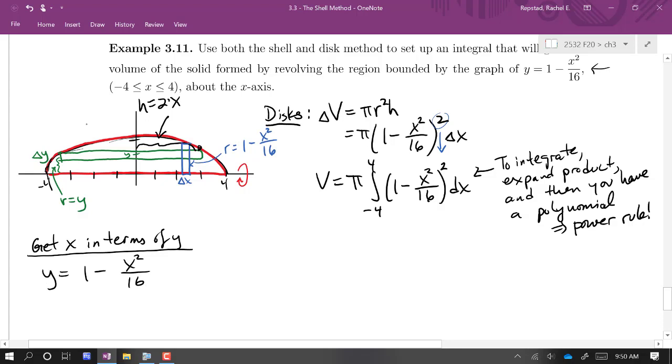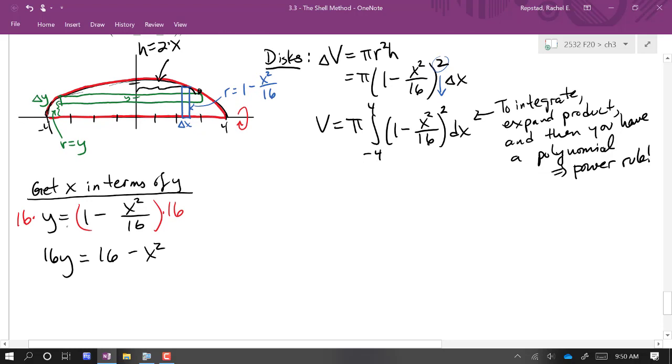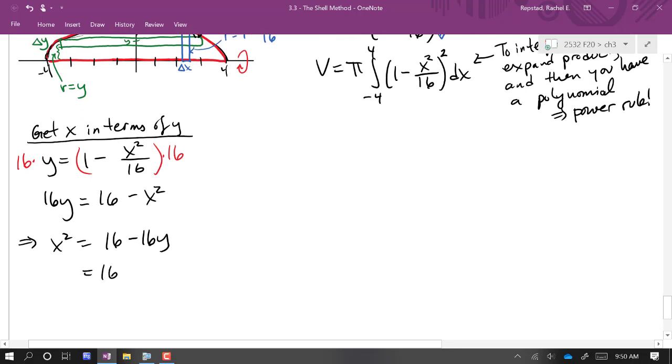I'm going to multiply both sides by 16 just to clear denominators, to clear fractions. So I get 16y equals 16 minus x squared. And that means that x squared is equal to 16 minus 16y. I'm going to go ahead and factor out a 16 here. So 1 minus y, there's my x squared.